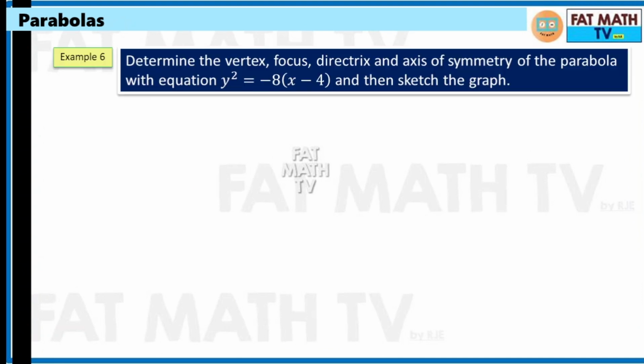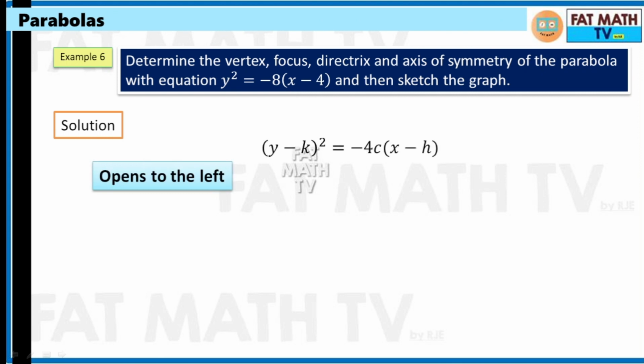Example number 6. We have y^2 = -8(x - 4). So y is again squared, so it's either to the left or to the right. But it's negative here, so it opens to the left. Our vertex is, as you can see here, this is our h, and k is 0.